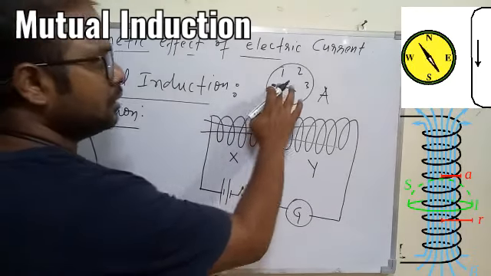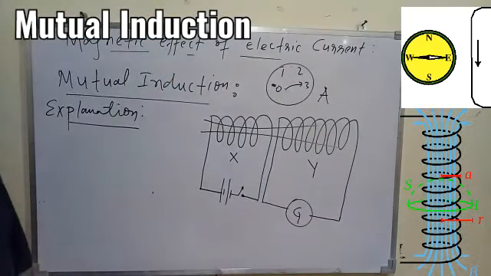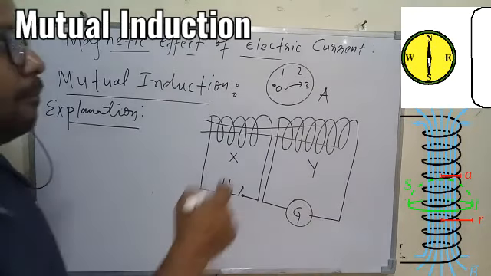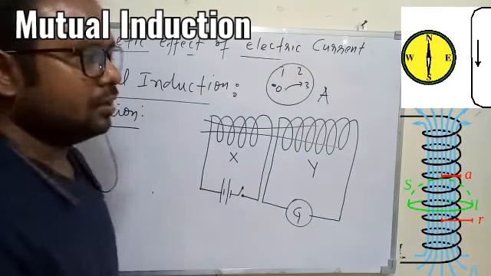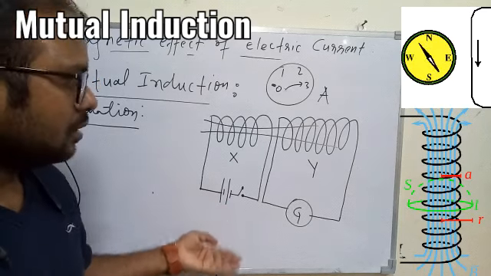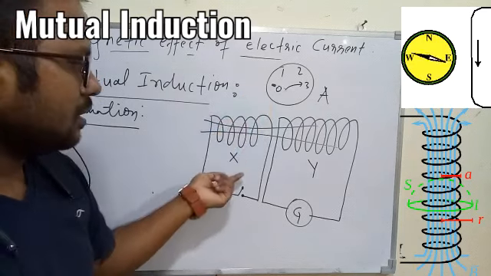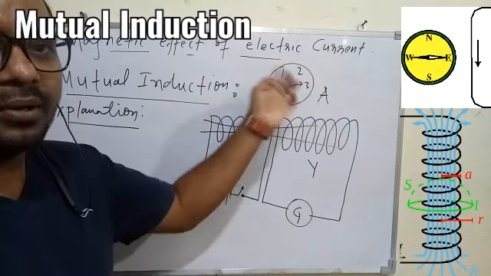The time you switch on the circuit, it will start moving and finally it will come to a particular current. Maybe it is showing 3 ampere. But 0 to 3 ampere will take some time. So the time we switch on the circuit, it takes some time to increase the current in a given circuit from 0 to some value.